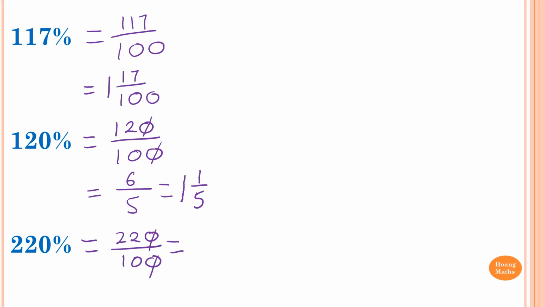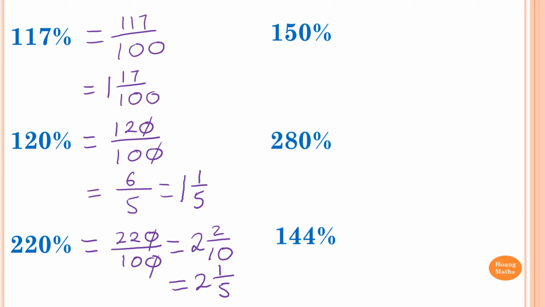So half of 22, or I can just write mixed numeral first. 10 goes into 22 two times. 2 times 10 is 20, so remainder 2. So 2 and 2/10. Of course, you have to simplify. That 2/10, I can simplify. Half of 2 is 1, half of 10 is 5. So 2 and 1/5. Please stop the video and try this one yourself.